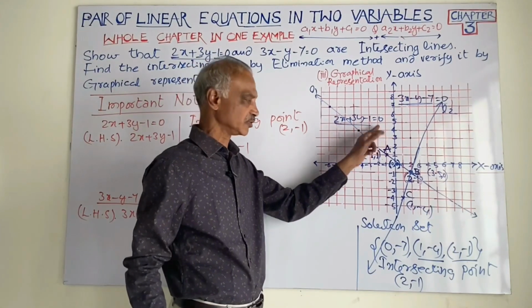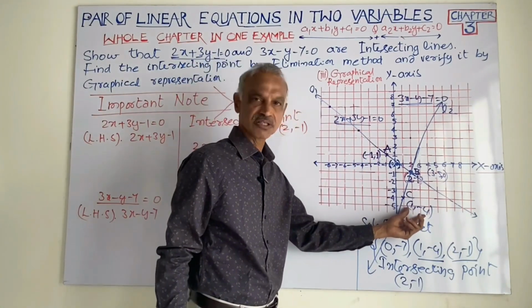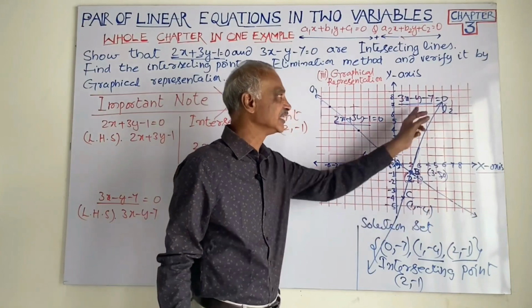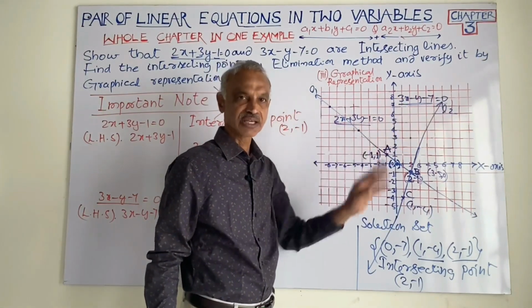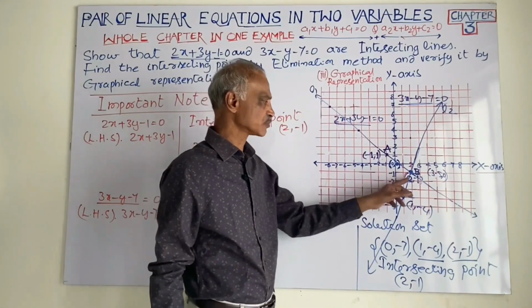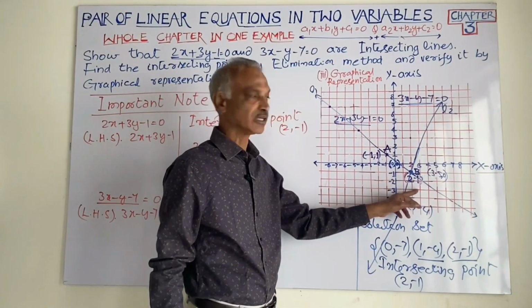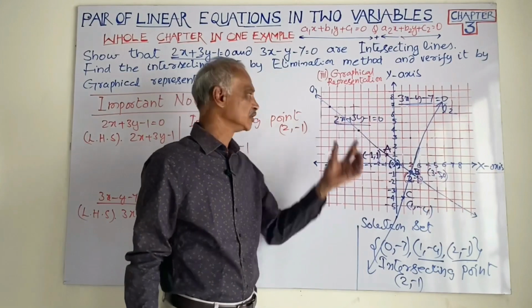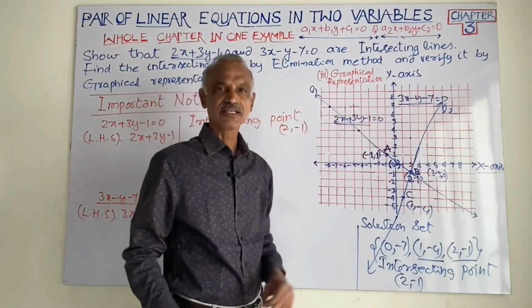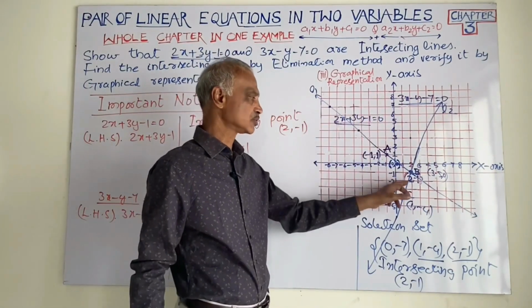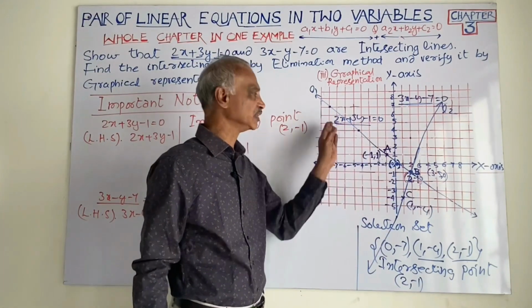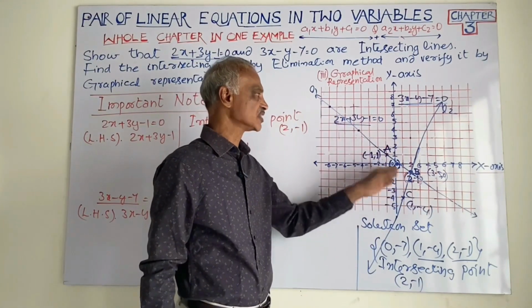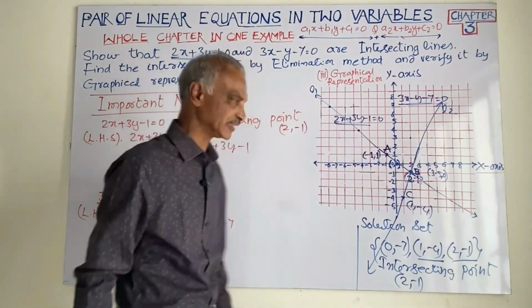But if you substitute 2 and -1 in both the equations, in LHS you will get 0, because the point (2, -1) is passing through both the lines, so it satisfies both the equations.